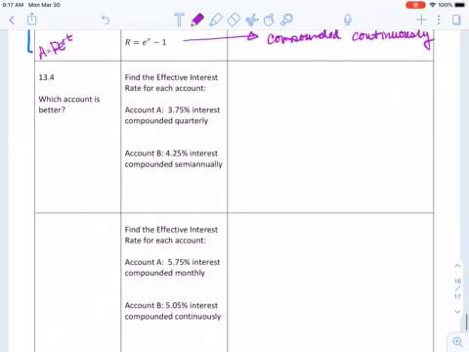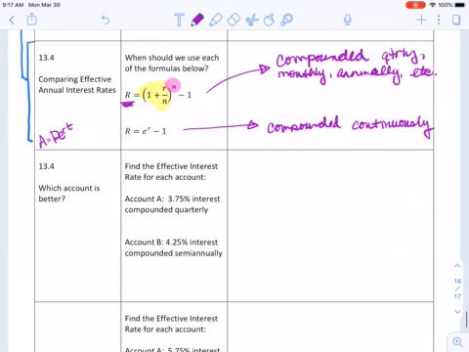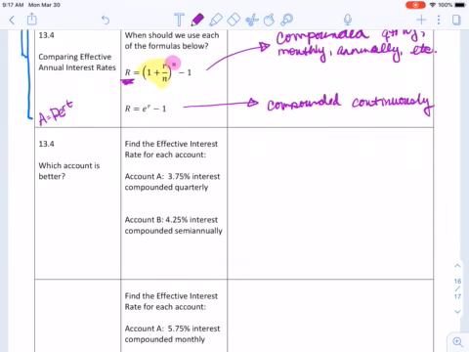So again, real world problems, real world stories here. A lot of times this is used as a comparison. So find the effective interest rate for each account so that we can compare which is the better account. Account A is 3.75% interest compounded quarterly.